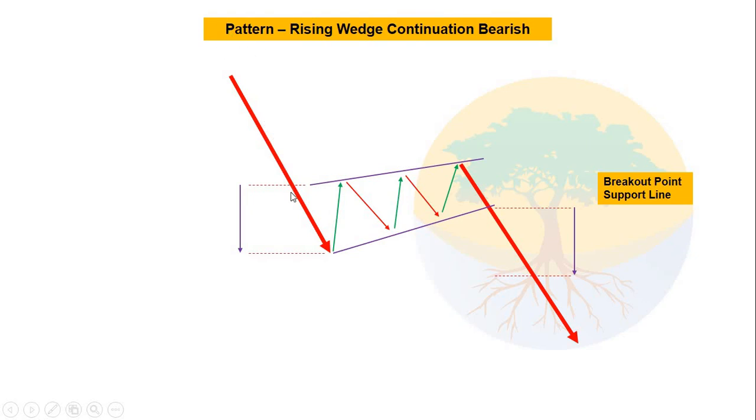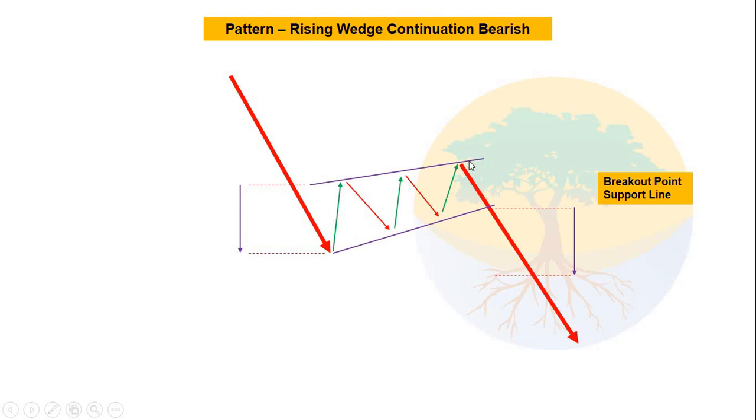So again, you have price rallying downwards, then it hits a support point, then it starts moving upwards and it hits resistance. So the two lines sort of move towards a convergence. But unlike the symmetrical triangle, you do not get the lines forming a perfect triangle before the break.